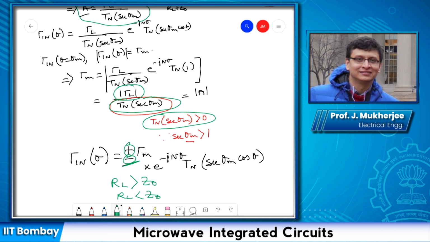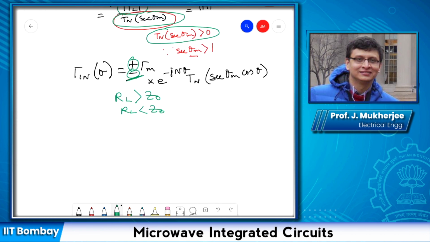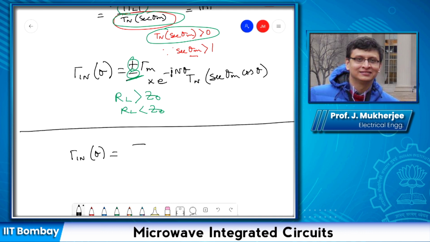So let us go back to our design. Recall that the input reflection coefficient of an n section transformer, gamma in theta, is given by this equation.